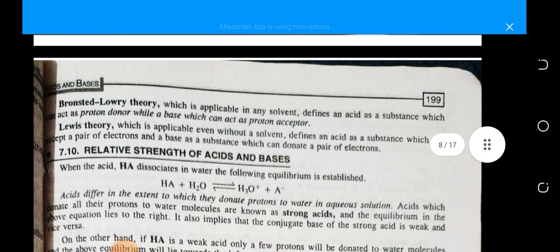Bronsted theory, which is applicable in any solvent, defines an acid as a substance which can act as a proton donor, while a base can act as a proton acceptor. Lewis theory, which is applicable even without a solvent, defines an acid as a substance which can accept a pair of electrons, and a base as a substance which can donate a pair of electrons.